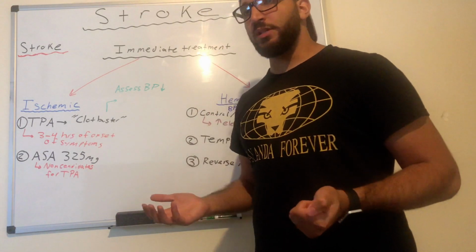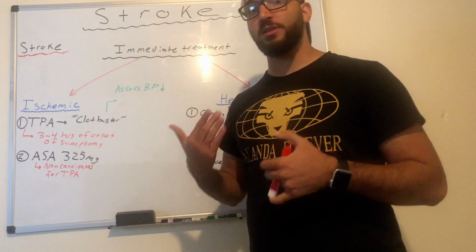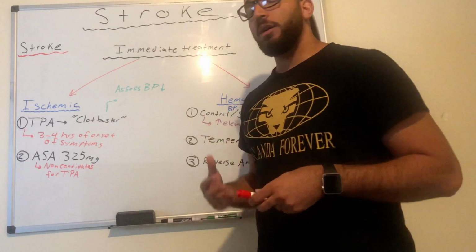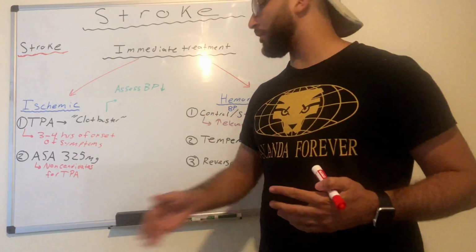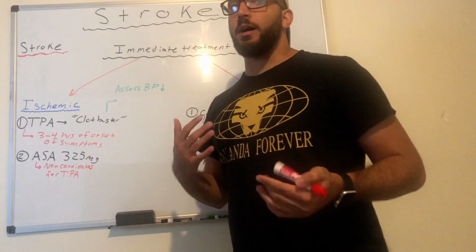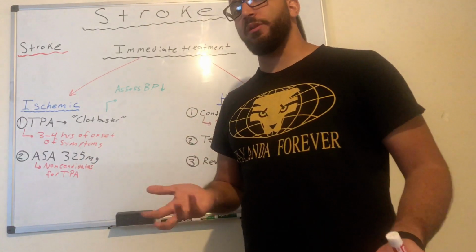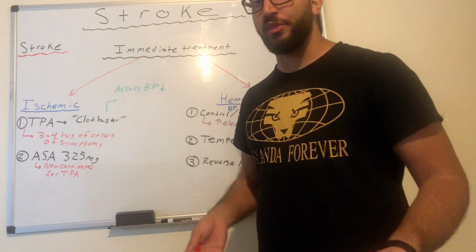Well, what if a patient is out of that 4 hour window? We weren't able to get enough time in. What could be given? Well, depending on the hospital policy, the next step would be aspirin at 325 milligrams. It's considered to be a blood thinner.